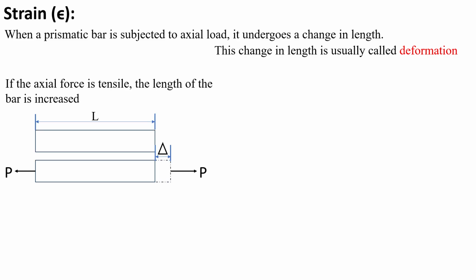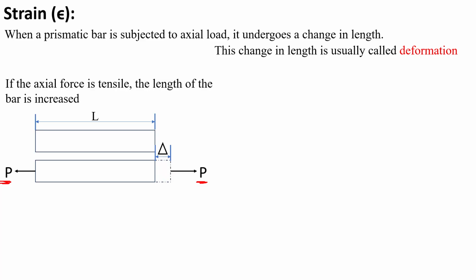If the axial force is tensile, then the length of the bar is increased. See in the diagram: we are applying forces P, the nature of the forces is tensile, and the deformation occurs. The deformation is the change in length.